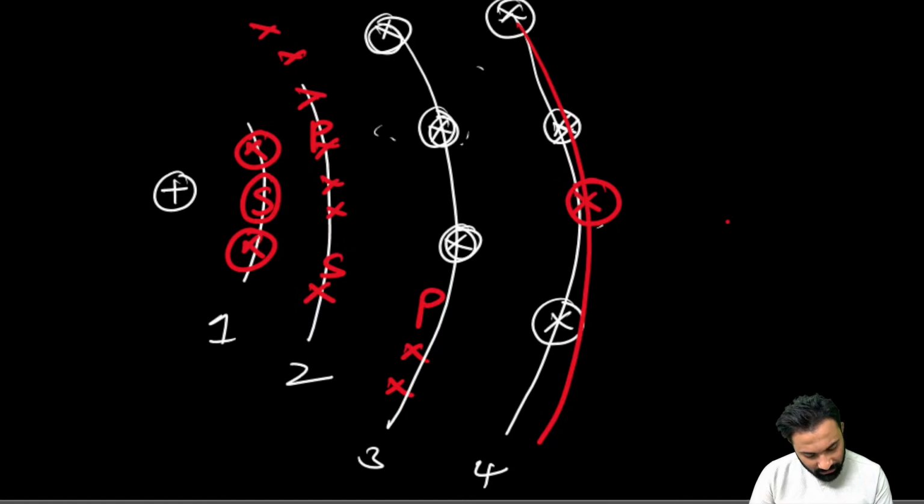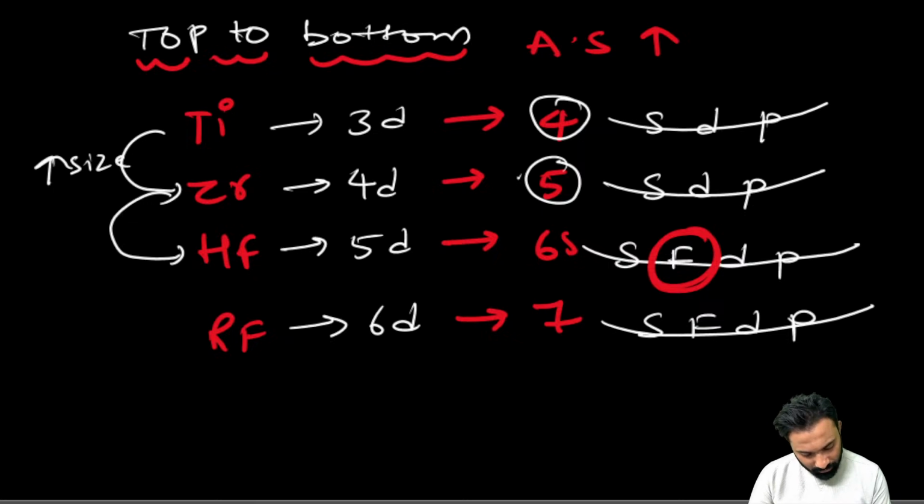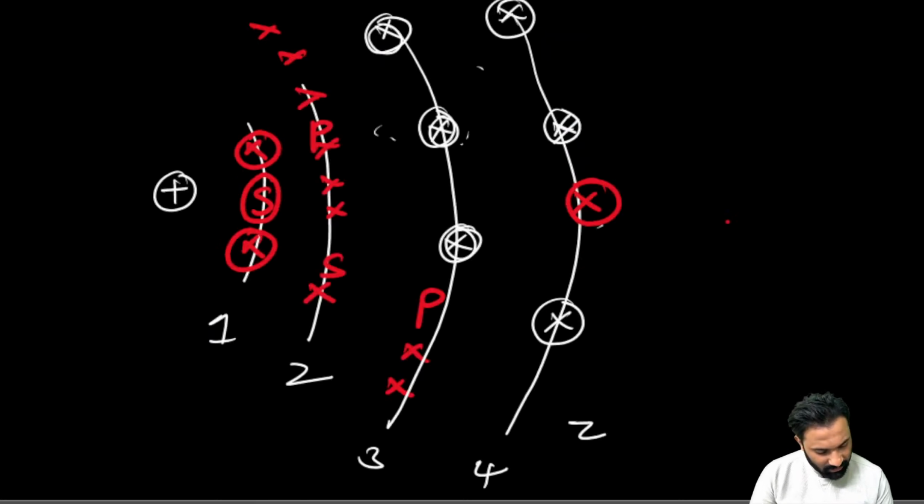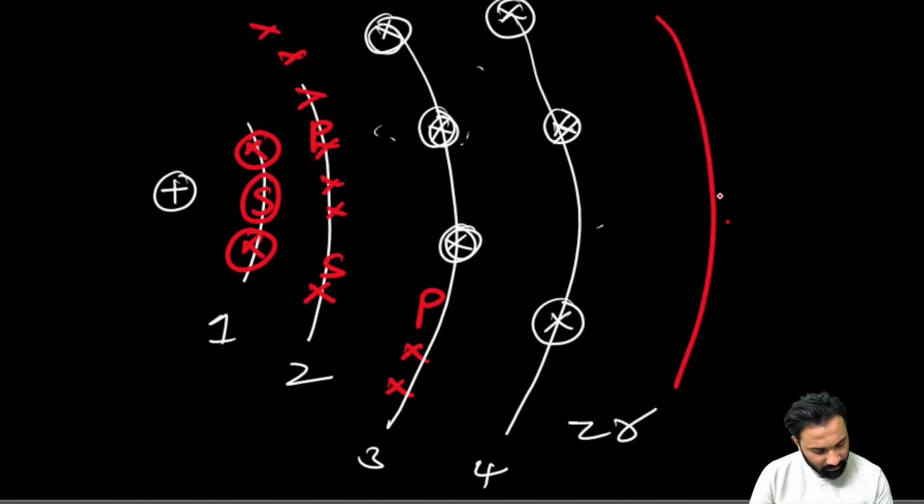Now we have expected the size for hafnium to be this much. Whatever size we got, this is for zirconium. Then the hafnium size we expected is this much.